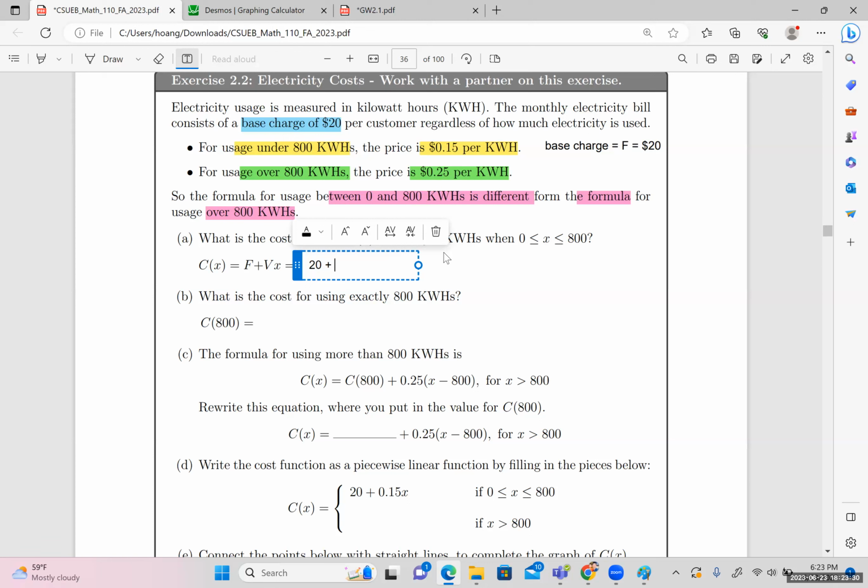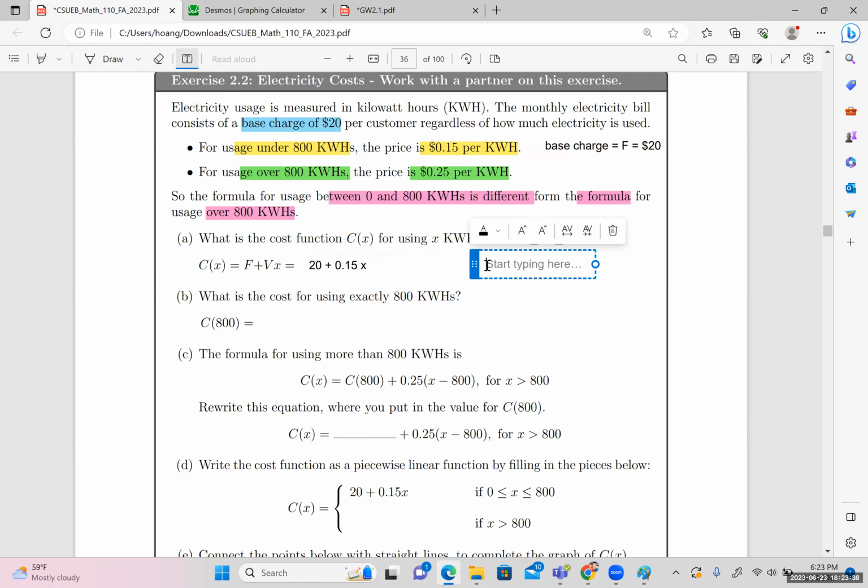this is going to be 0.15. Right? V, I'm going to say V1. Okay, that's fine.